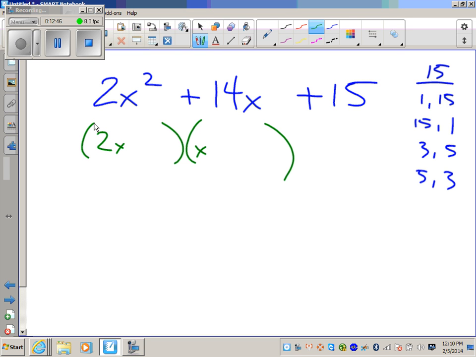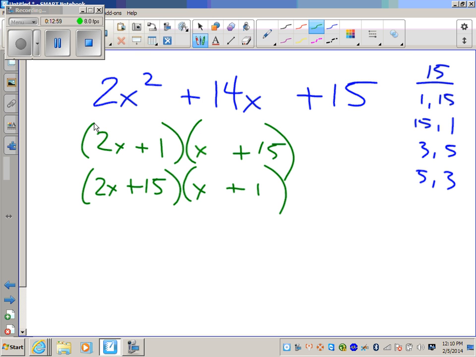So if I plug in the 1 and the 15, 30 and 1, 2x and the 1 is the 15, it's the 16, that's not going to work either. 17, that's 17.